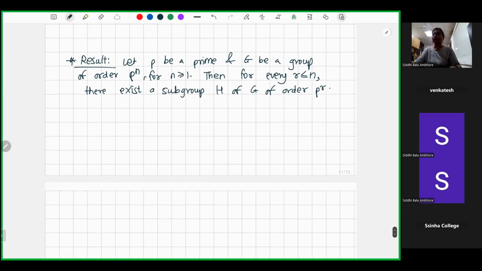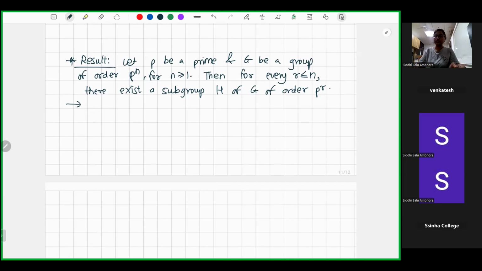So we will try to prove this theorem here. This is the theorem which gives us what we needed to say, that there exists some normal subgroup of particular order.